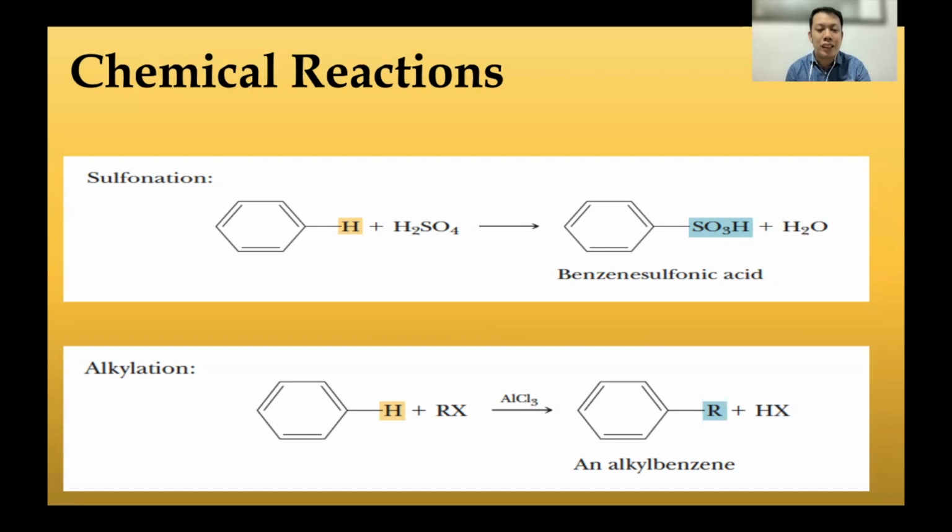RX is any alkyl halide. And then the R exchanges with the H for the formation of the alkyl benzene. All right, so I hope that you have learned something about benzene in our discussion.